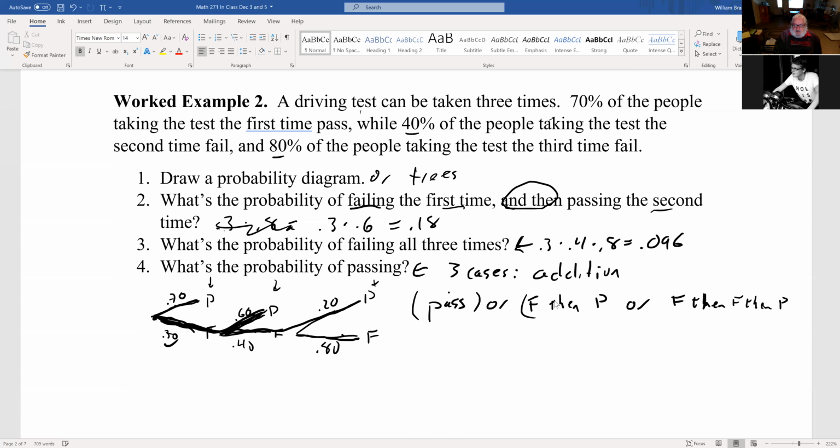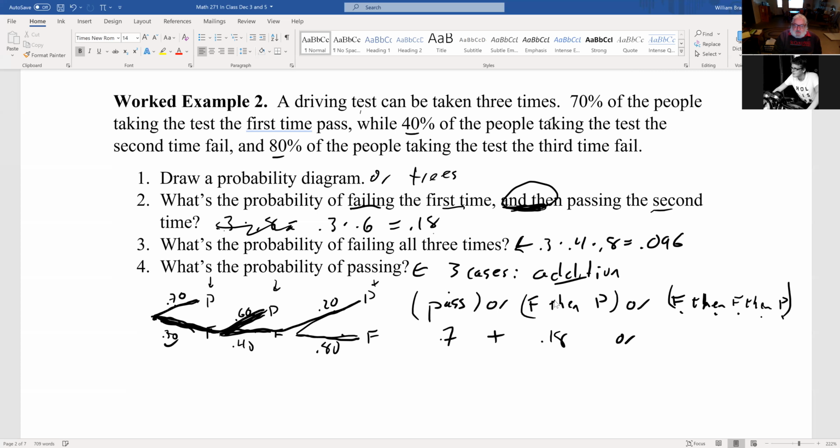Note that the word that joins these together is the word or. I could do this or this or this, right? That's the addition problem. If the process involves and then, right? First I do this and then I do that, then that's the multiplication principle. So what's the probability of passing on the first time? 0.7. Failing, then pass, we calculated that, that's 0.18.